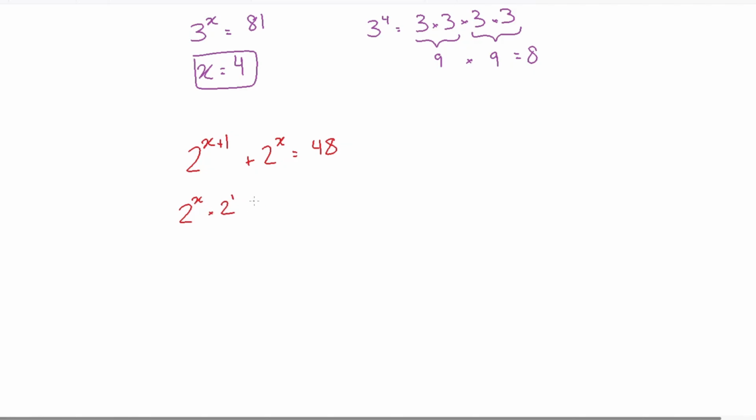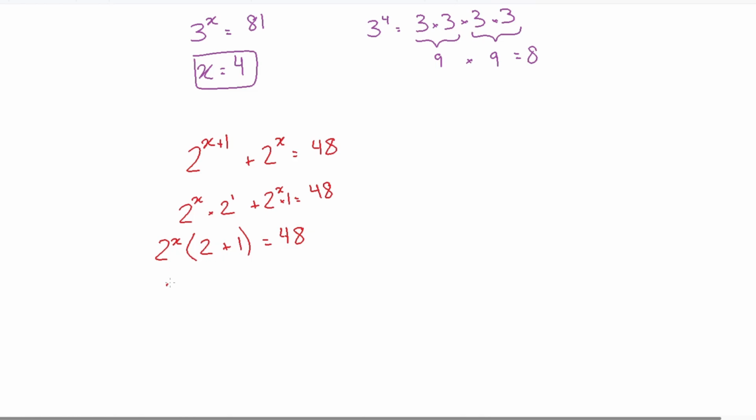And that makes sense. And plus 2 to the x equals 48. Now we can take 2 to the x out because this is the same as times 1. So we can take this out of the parentheses, and that'd just be 2 to the x times 2 to the 1, which is just 2, plus 1. And that makes sense. If we distribute, we will get this again. And that is equal to 48.